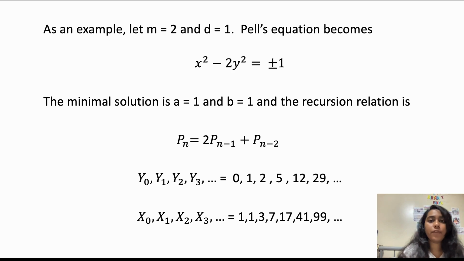Let's give an example for a clearer idea. Let m equal 2 and d equal 1. Then the general equation becomes x squared minus 2y squared equals plus or minus 1.